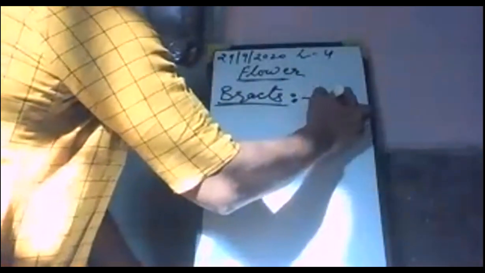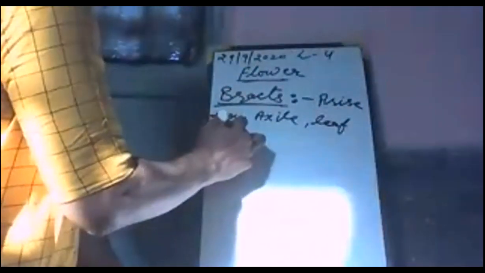It arises from the leaf-like structure, and that is known as a bract. The bracts arise from the axil, at the tip of the branch or the tip of the twig. It is a leaf-like structure known as a bract. A bract may be green like ordinary leaves.